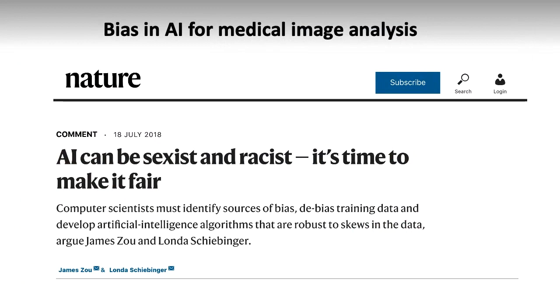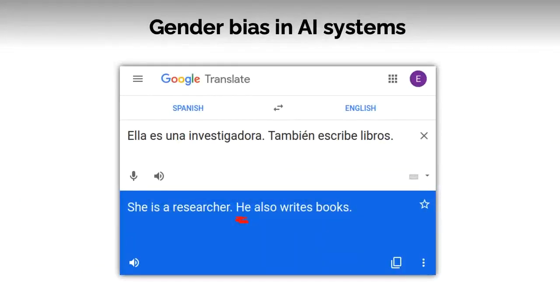It's called "AI Can Be Sexist and Racist, Time to Make It Fair". It's an interesting, punchy title, but it made me think a lot. This was published in 2018, and it was talking about the biases that nowadays, in 2023, we know about. At the time, or even before that, we were not really conscious of that.